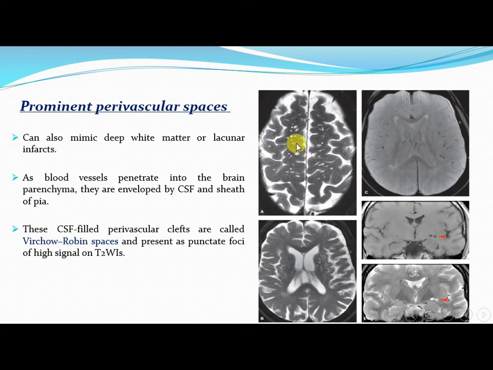Multiple hyperintensities are seen in the centrum semiovale and in the basal ganglia, but on proton density images they are absent. This point can differentiate between ischemic and perivascular spaces.